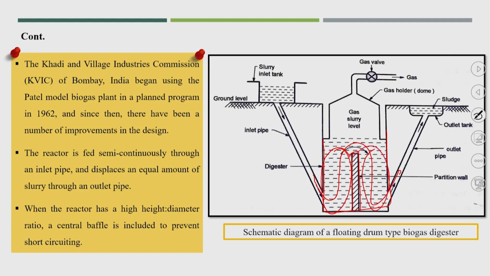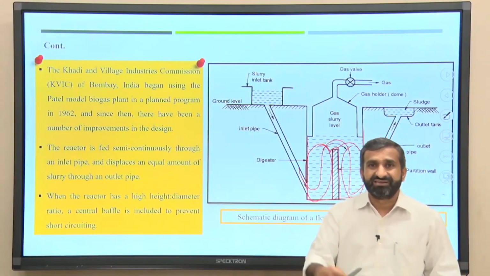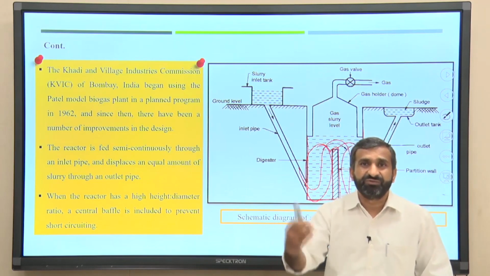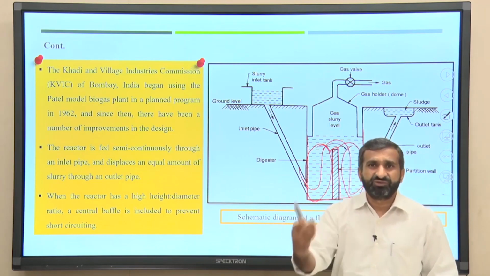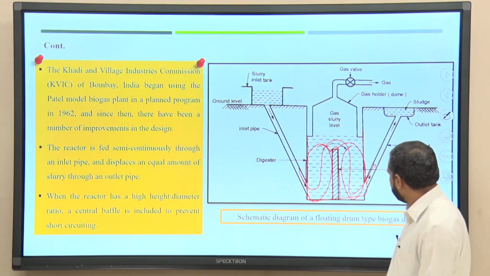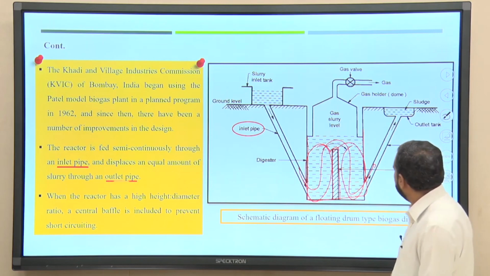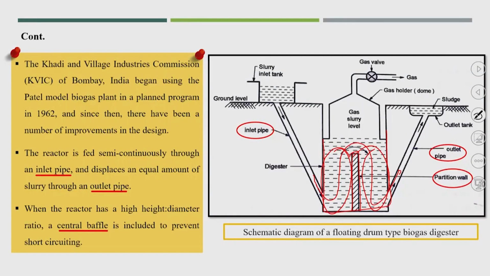That was the thought, but it is not completely separated. The idea was that the entire material will be inside the reactor and the residence time could be increased, so that more methane production could be possible. So, there was an inlet pipe in the same reactor, an outlet pipe, and one partition wall or central baffle was added.